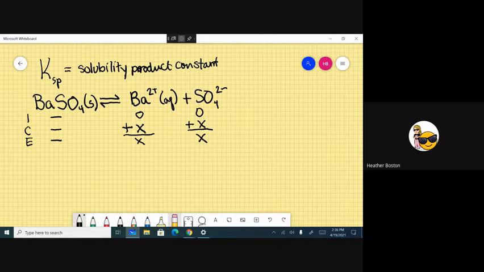So I'm going to teach you a trick where we don't have to do the ICE chart every single time. So remember, Ks are always products over the reactants. So it's the concentration of the products raised to their coefficients over the concentration of reactants, which are always solids, so will always be ignored.